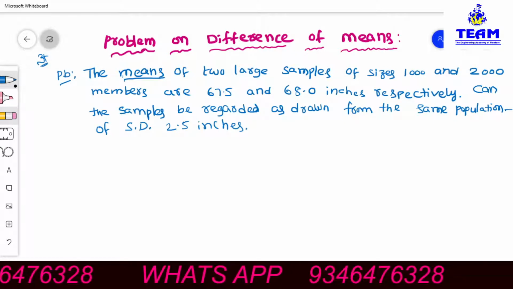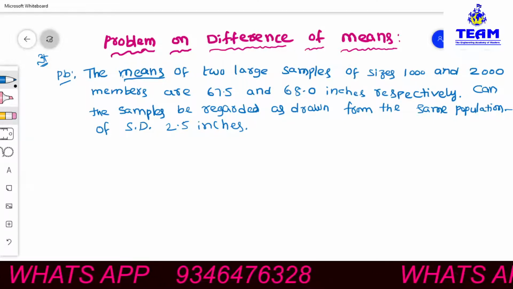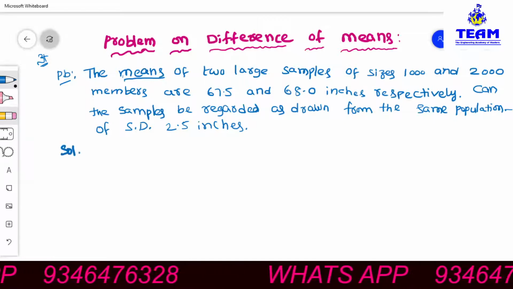First of all, we solve this by procedure.